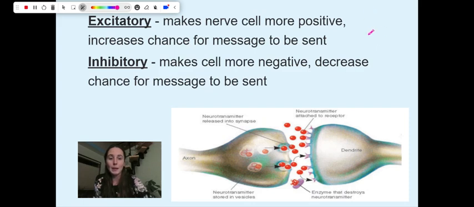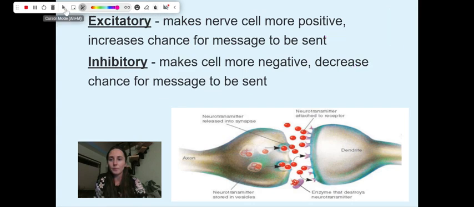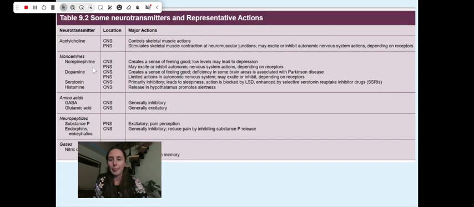So the message might not be sent, or it will decrease the possibility for it to be sent. Neurotransmitters can do either this thing or they can do this thing, depending on what type they are.